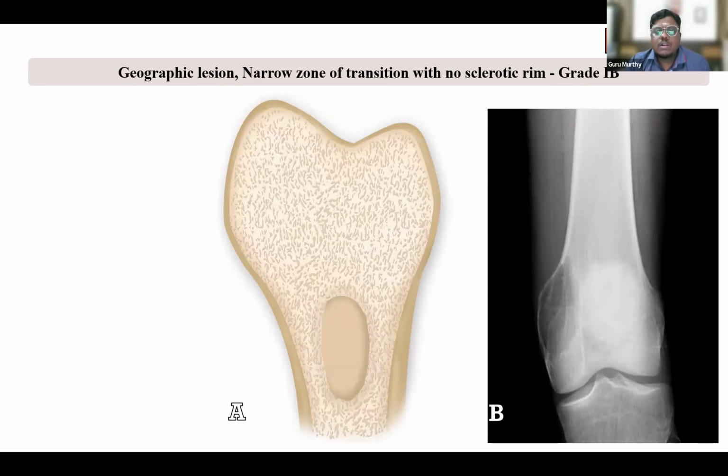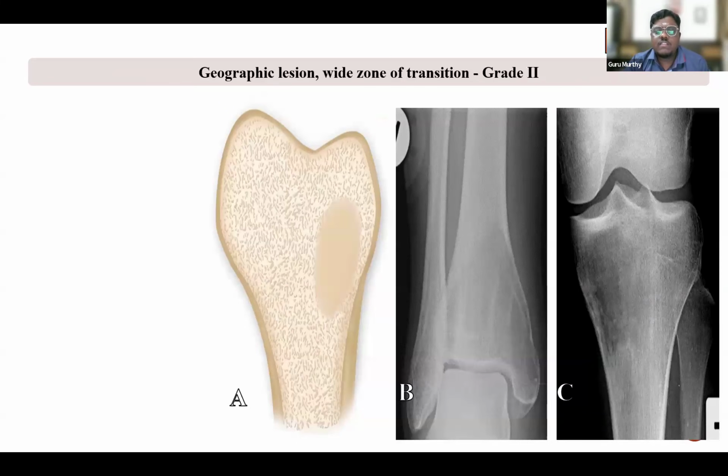But in a similar geographic kind of lesion, if you are not able to make out the differentiation between the pathology and the normal part of the bone, then we will call it a wide zone of transition. Some people always think that only moth-eaten and permeative lesions show a wide zone of transition. No, even a geographic kind of lesion can show a wide zone of transition, which you should be aware of.